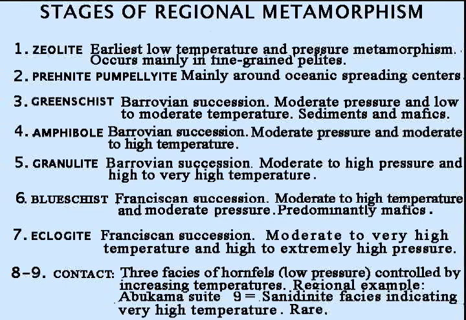This chart lists, in the order they are touched on hereafter, the facies, that is, the named stages of regional metamorphism. All are silicates, for about 90% of the Earth's crust is composed of the hundreds of named minerals that are structural combinations of aluminum, calcium, iron, magnesium, potassium, and sodium, with silicon dioxide.